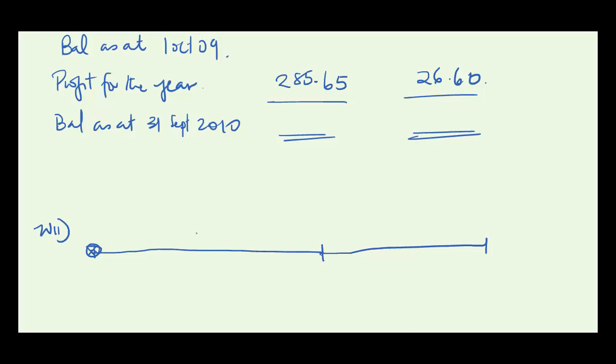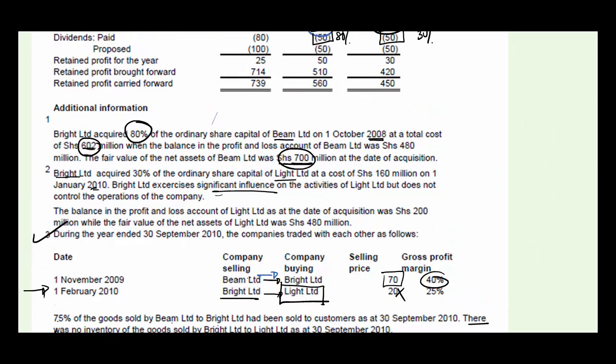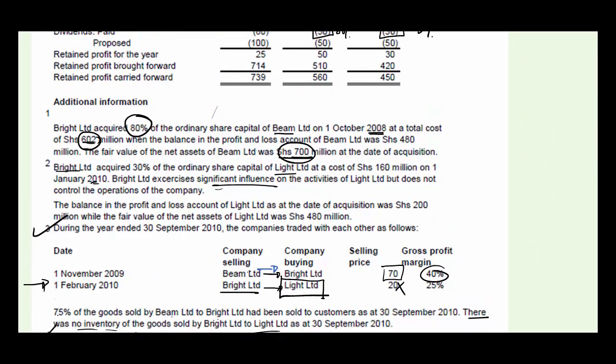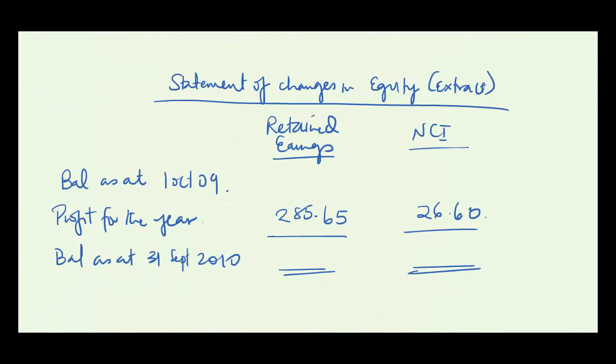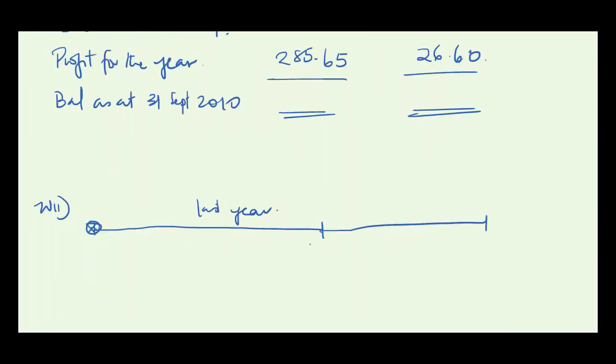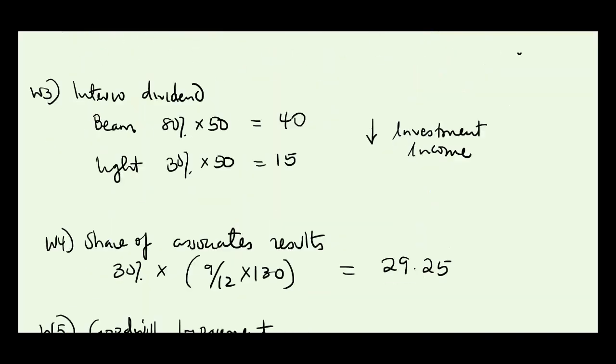We are looking at the last year. What are the figures that we are given? We are told, for example, that the retained profits brought forward for the subsidiary are 510. So it is 510 at the start of the current year.